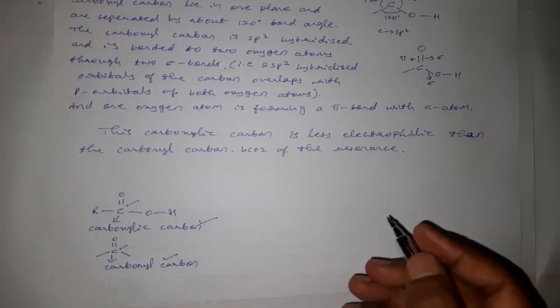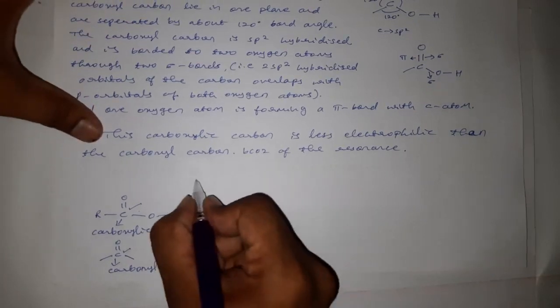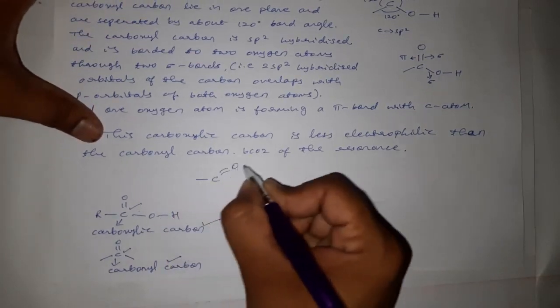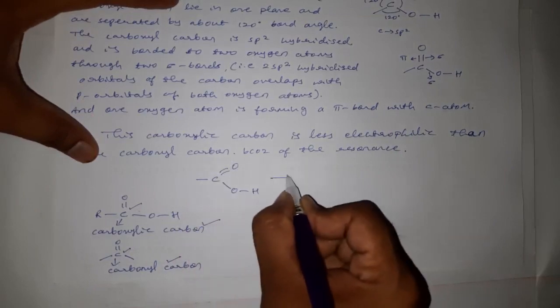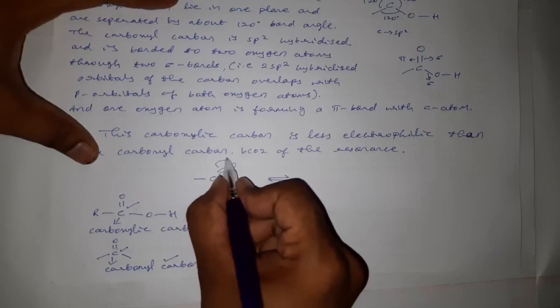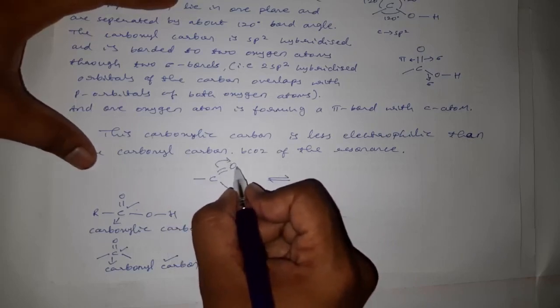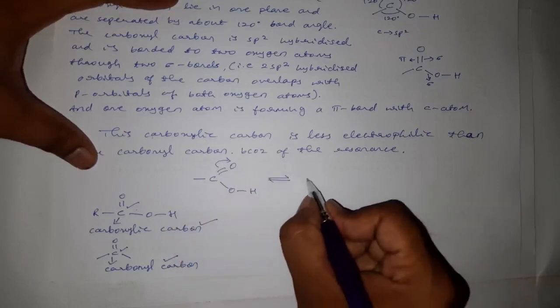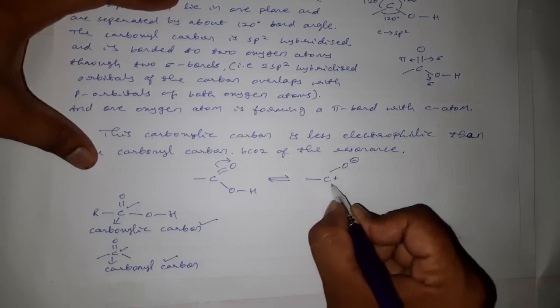And how can we write the resonance structure for the carboxylic carbon? See here, C double bond O, O H. Because of resonance, this double bond will shift towards the more electronegative atom oxygen as compared to the carbon, and hence the carbon will get a positive charge, oxygen will get a negative charge.